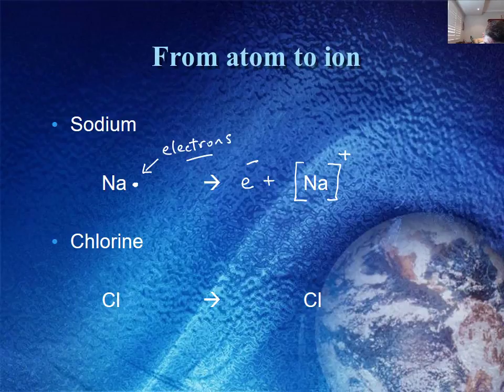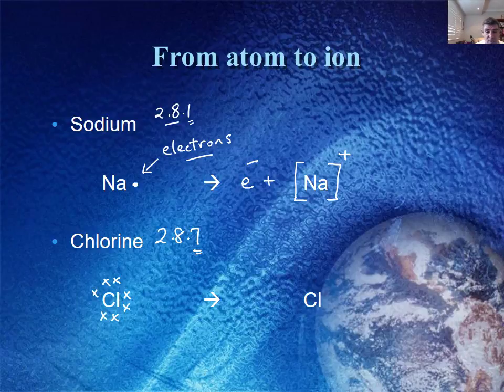Now this gets even more interesting when we look at how they combine together and we use different symbols to represent the dots. So for chlorine, let me show chlorine's arrangement. Sodium has an electron configuration of 2.8.1. I'll put chlorine down as 2.8.7 as a contrast. And it's just the valence electrons that are important. But instead of doing them as dots, I'm going to do them as crosses: 1, 2, 3, 4, 5, 6, and 7.